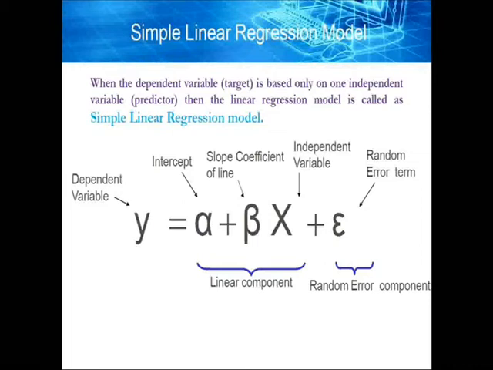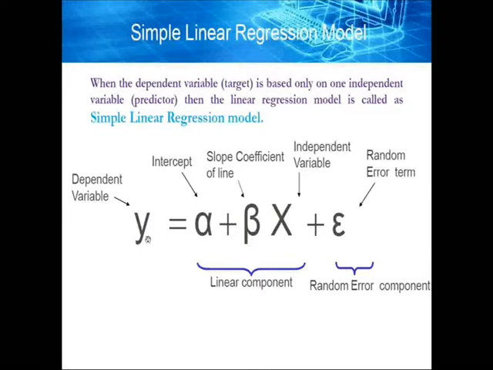As we observe the mathematical representation of a simple linear regression model, the feature value is represented by the independent variable X, and the dependent variable, that is the target value, is obtained in relationship with the independent variable.